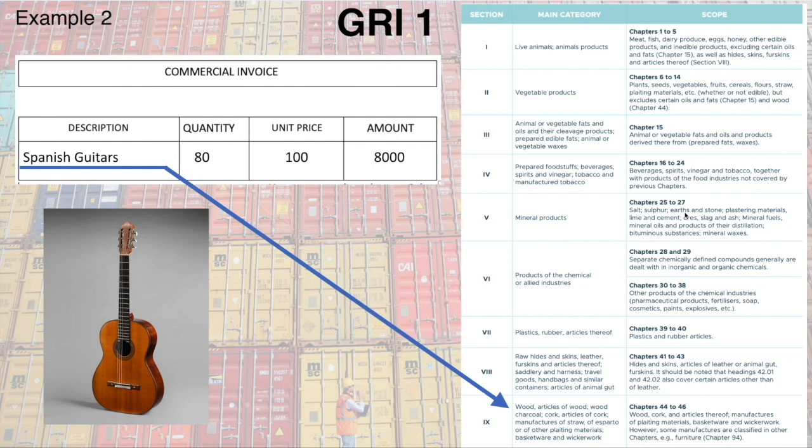Remember, when we read the text of the section or the index or the text of the chapters, we are doing it only as help, as a reference. So let's take a closer look at the mentioned chapters.